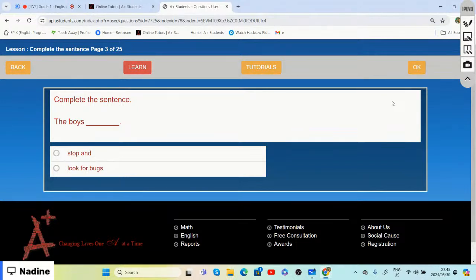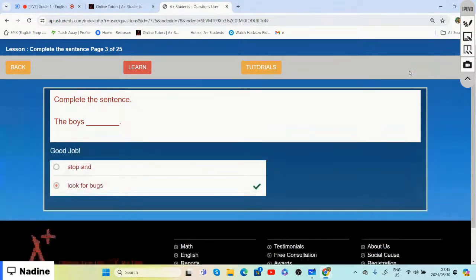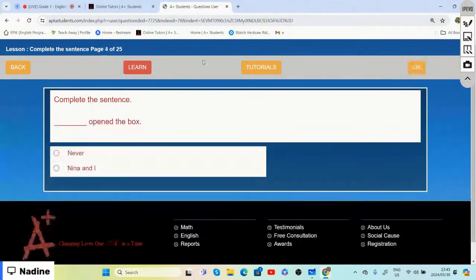All right. So if we were to choose the correct one, we would say the boys look for bugs, right? All right, and that is correct.